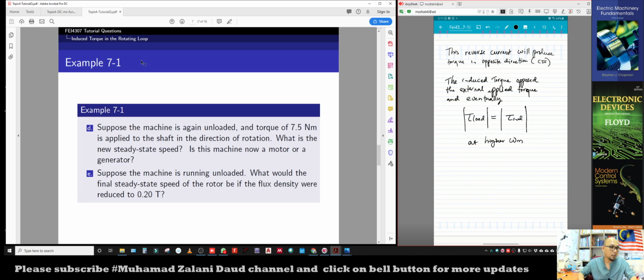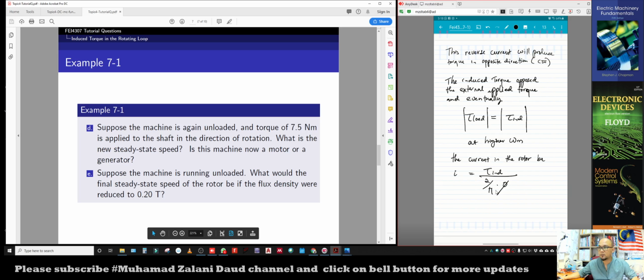At this particular instant, the current in the rotor will be I equals tau induced divided by 2 over pi phi. We have seen this sort of equation. It is from torque induced equals 2 over pi I phi, so we can rearrange this equation to find the current.